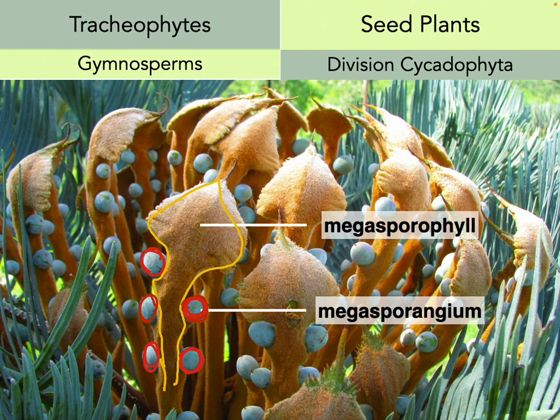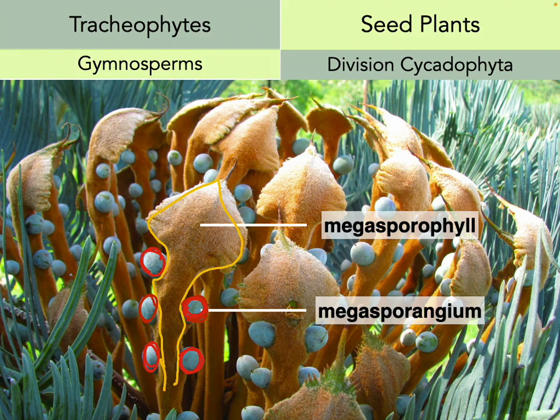So each plant is either male or female, you cannot have both. This is a female plant producing megasporophyll and megasporangium. They look quite different, and sometimes people mistake them for different species. They're actually the same species but different sex.